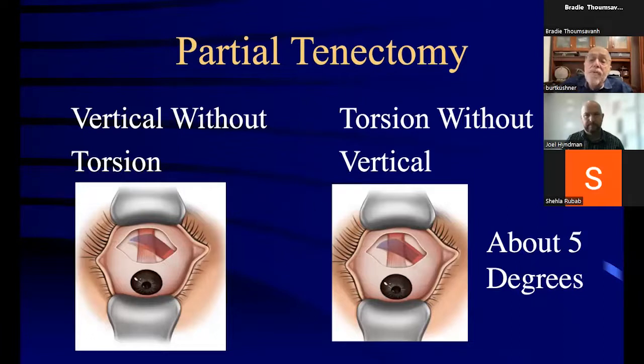If I want to change the torsion of the superior oblique, we can excise the anterior 7/8, mirror image of what I just did on the left side of the slide. And that'll give roughly 5 degrees of correction, fairly predictably.